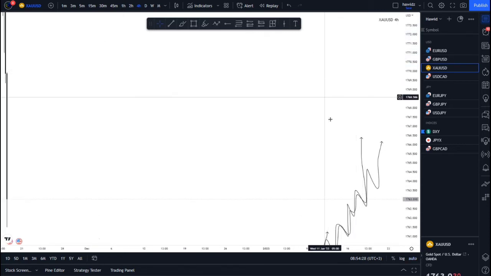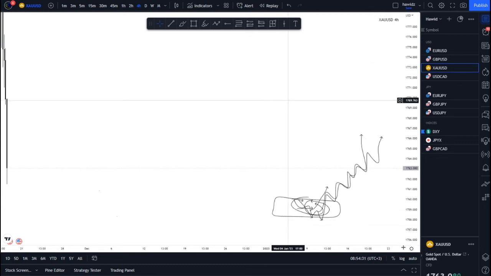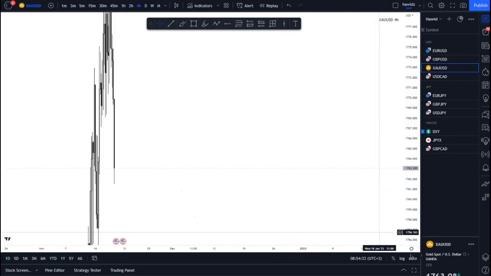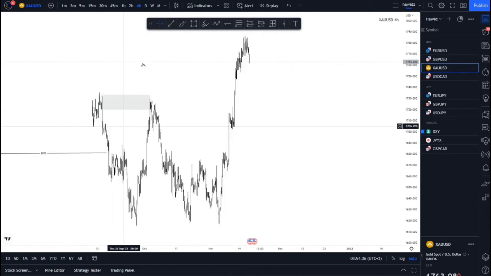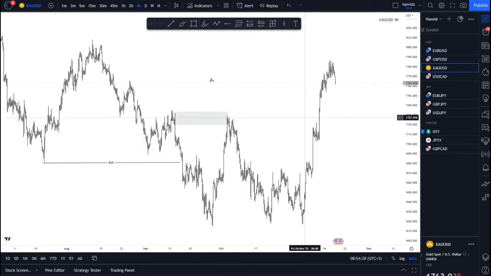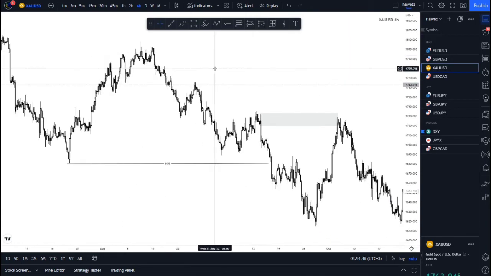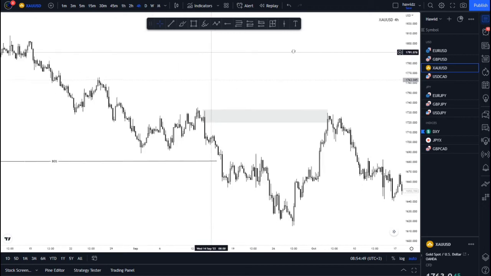So I'm looking to clear these things out before we continue. So boom, we are all set and done. So for example, we are on the gold chart, right, on the four-hour, and from here we do have a very good example.